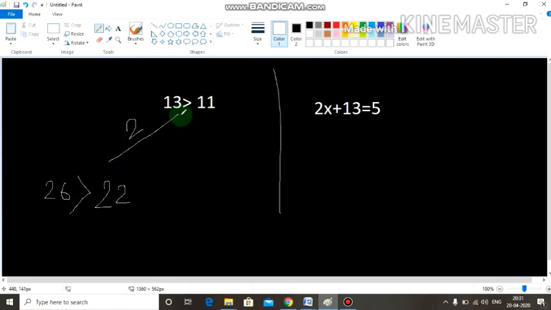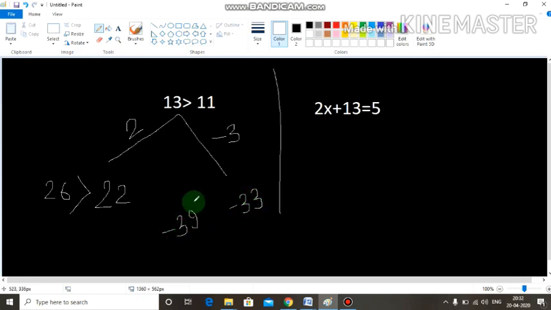But what will happen if we multiply both sides by a negative number? Suppose we multiply both sides by -3. Then the left hand side will be -39, and the right hand side will be -33.